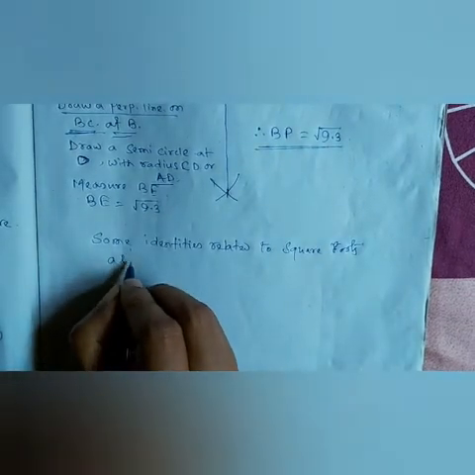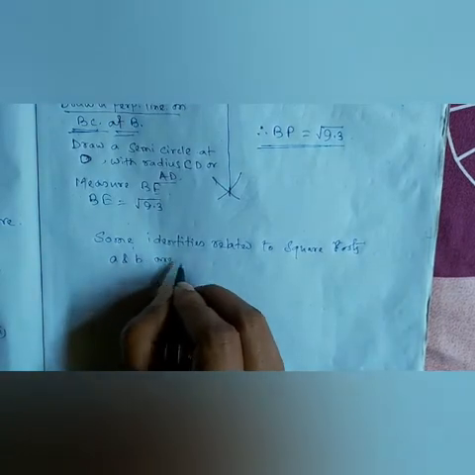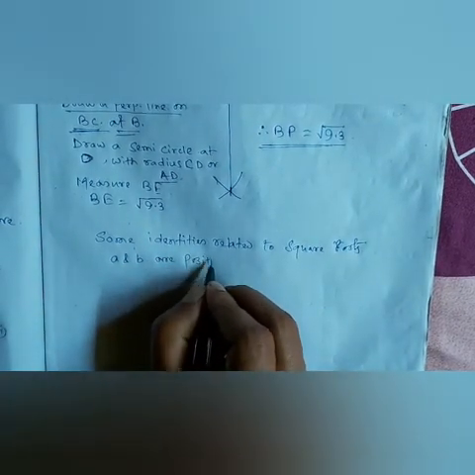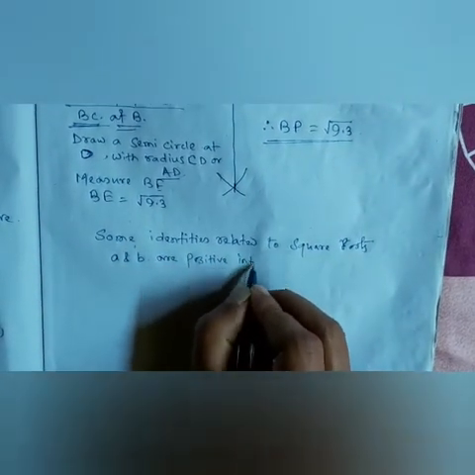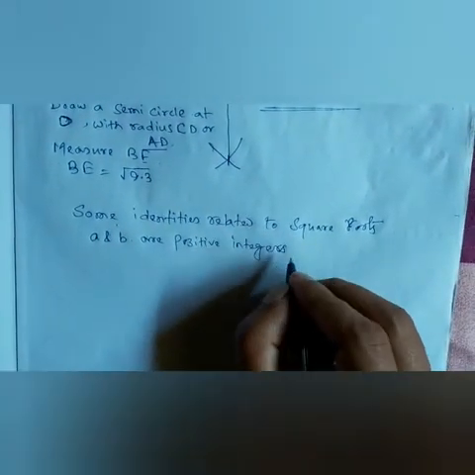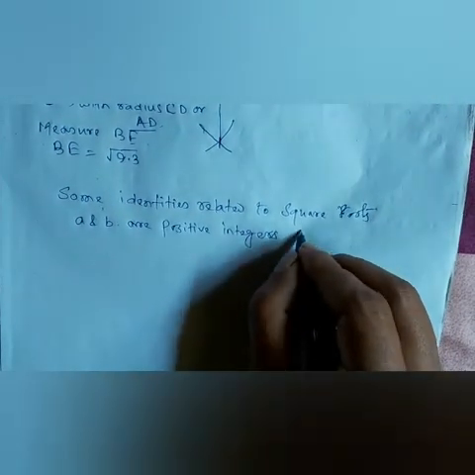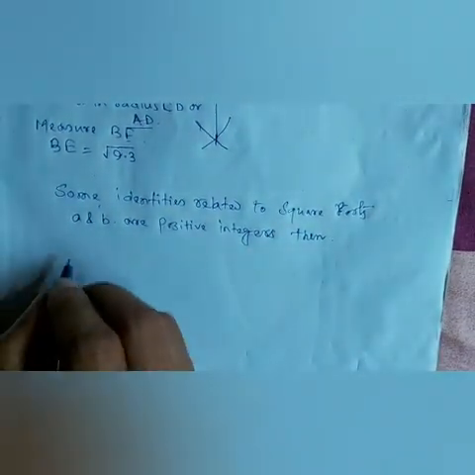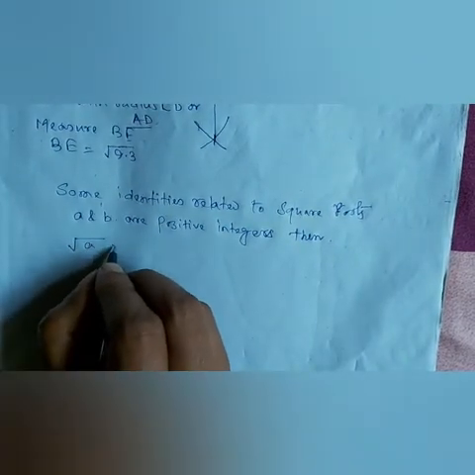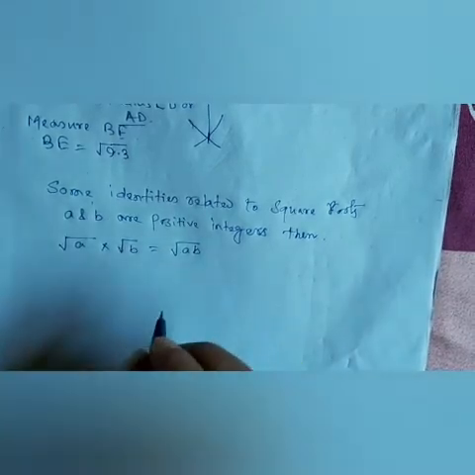A and B, we have to consider two numbers. A and B are positive integers. Then root over A into root over B is always equal to root over AB.